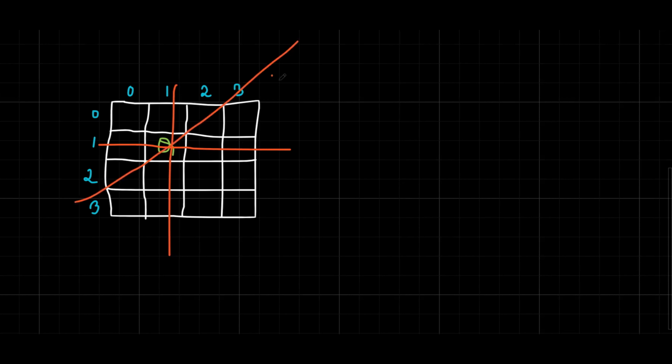I am considering this as the positive diagonal because the slope of this diagonal is positive, and similarly for the negative diagonal. So for each queen, we have to check 4 conditions.